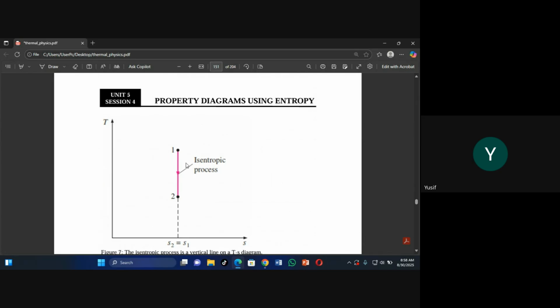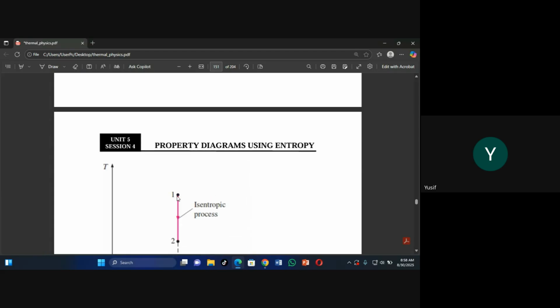Entropy. So if you are changing from the first state to the second state, there's change in temperature. The temperature has reduced, but the entropy is still the same. So from state 1 to state 2, there will be temperature difference, but the entropy still remains constant.